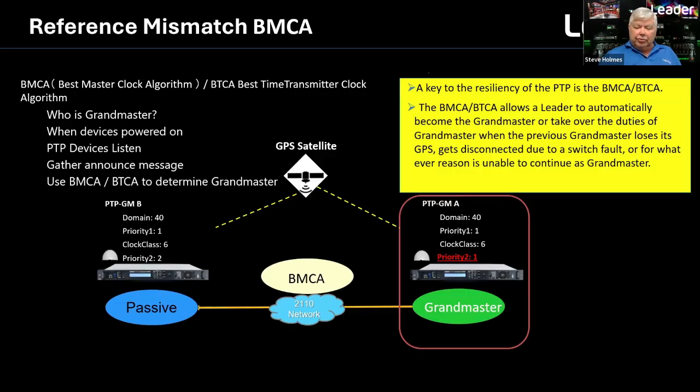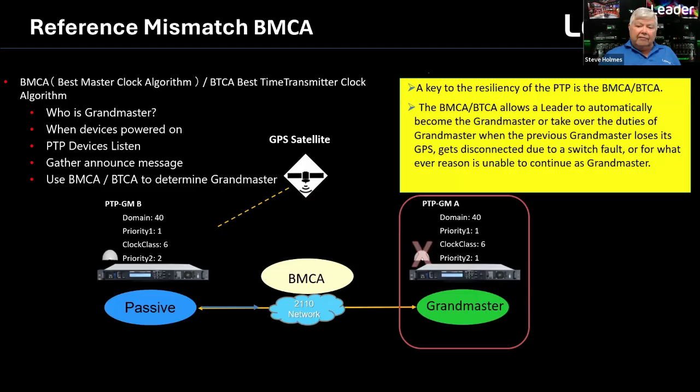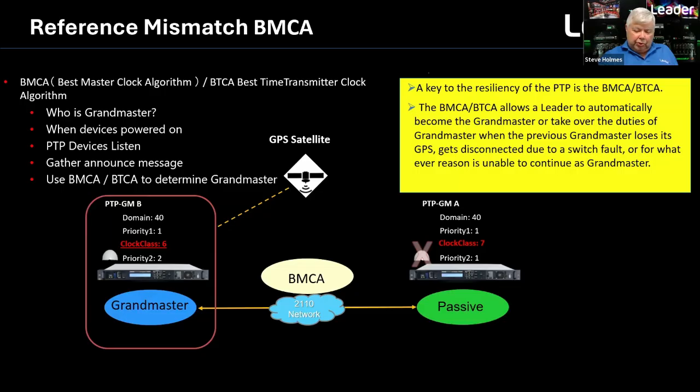And going through this, if we were to have a fault, your GPS got hit by lightning, something happened to the cable run or something, and you actually lost your GPS antenna, the SPG would go into what is known as holdover mode, which means that it's now running on its internal oscillator, which is phase locked to everything, but it's going to go into what we call clock class 7, which is no longer GPS locked, but I am currently the correct phase and correct frequency.